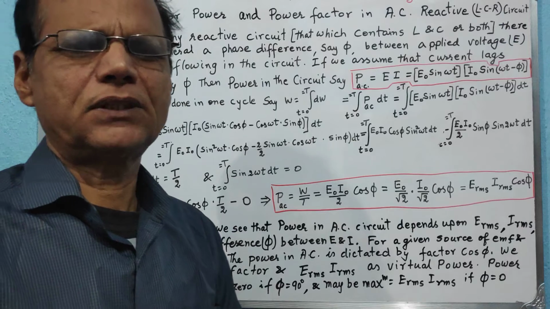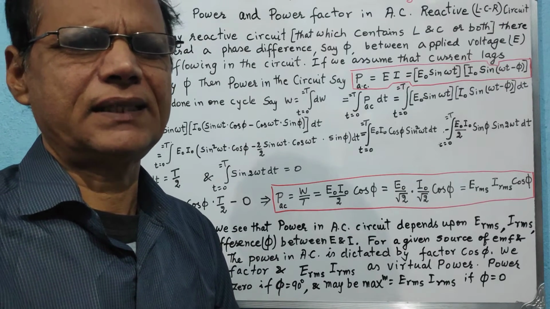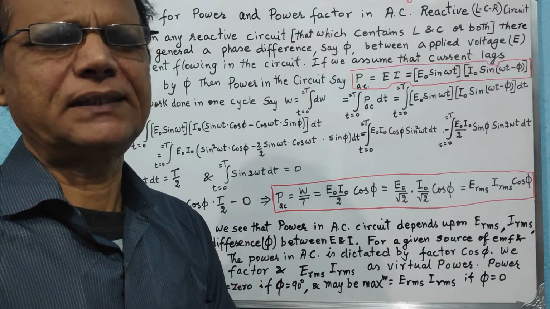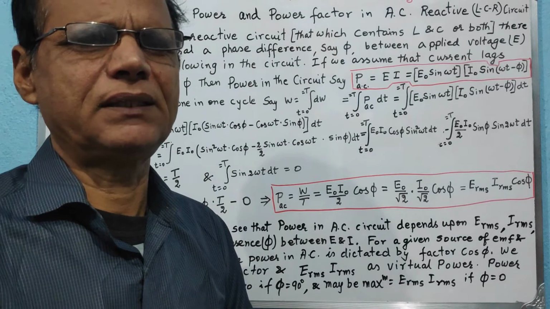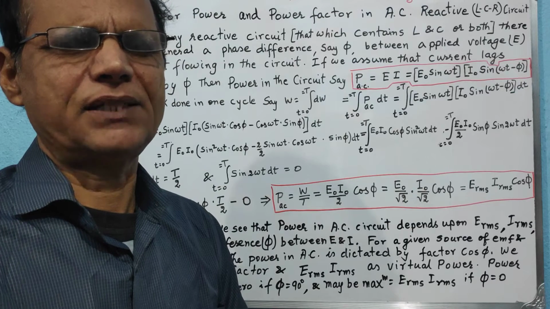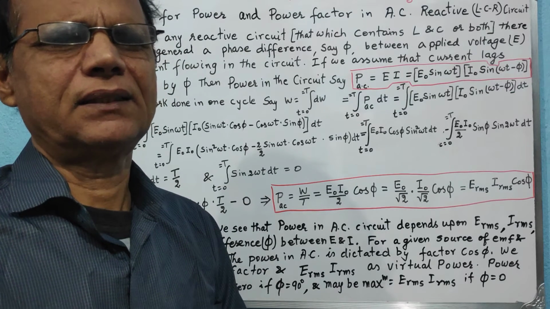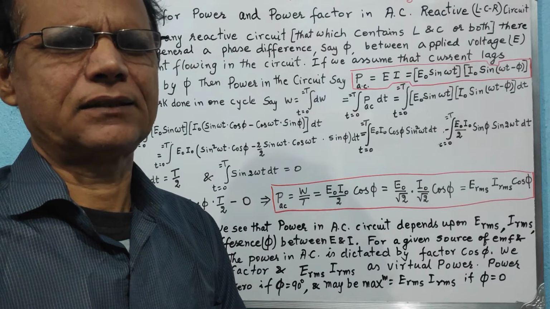So now the point is that if we have a reactive circuit, then in general there shall be a phase difference between the applied EMF, the applied voltage, and the current flowing through the circuit.